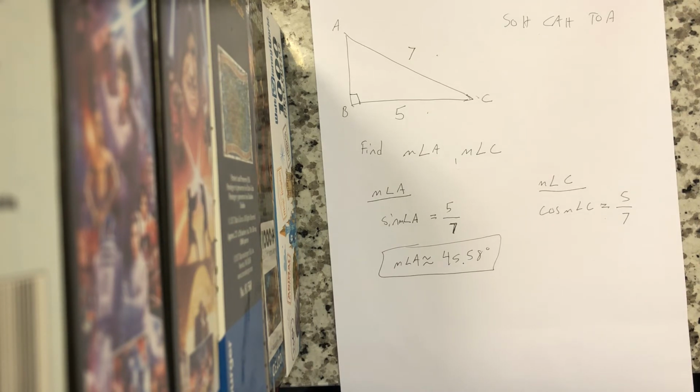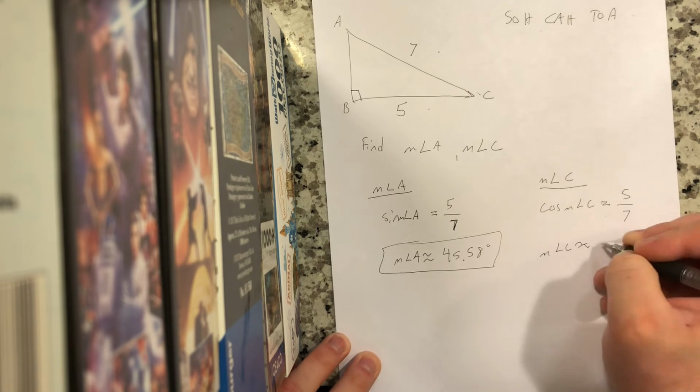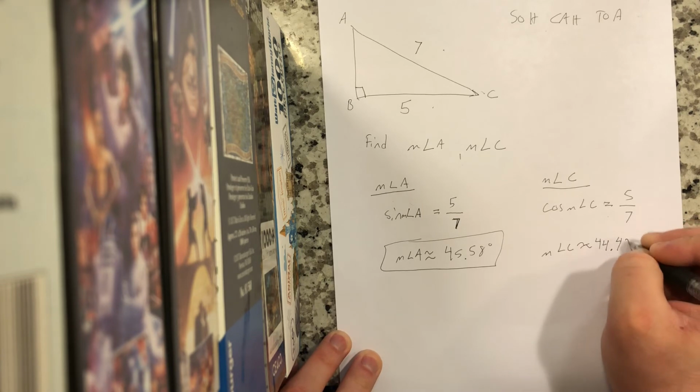Remember, for the inverses at least, you'll always do the fraction of the sides first, and then you'll do the inverse. So this one's going to be the inverse cosine. And I get that the measure of angle C is approximately 44.42.